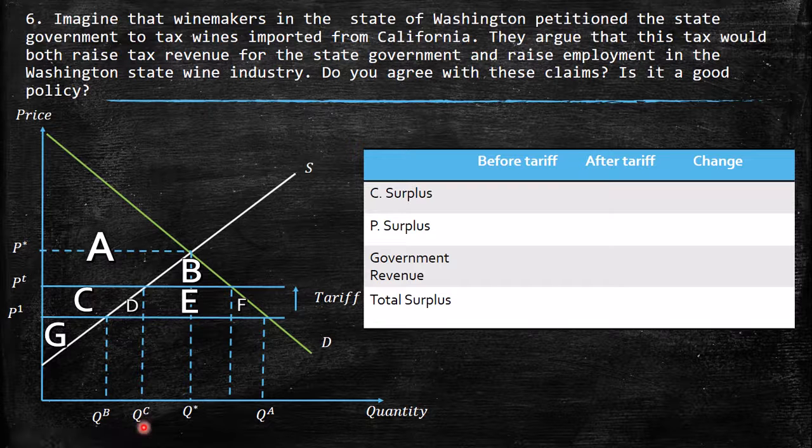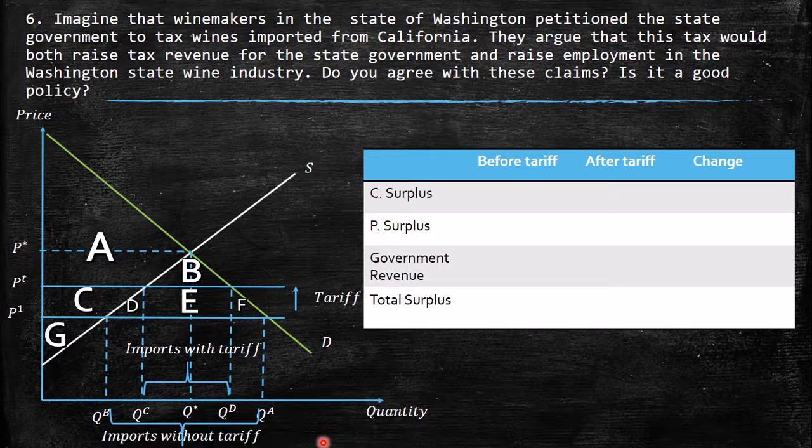Naturally, it's going to be fulfilled because QC is higher than QB, and we need more people to work and produce QC. And here, imports with tariff are going to be the difference between QC and QD, and the other is the imports without tariffs.